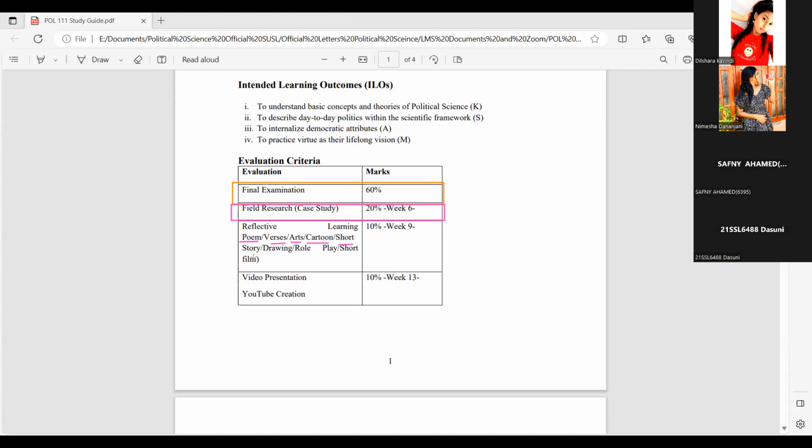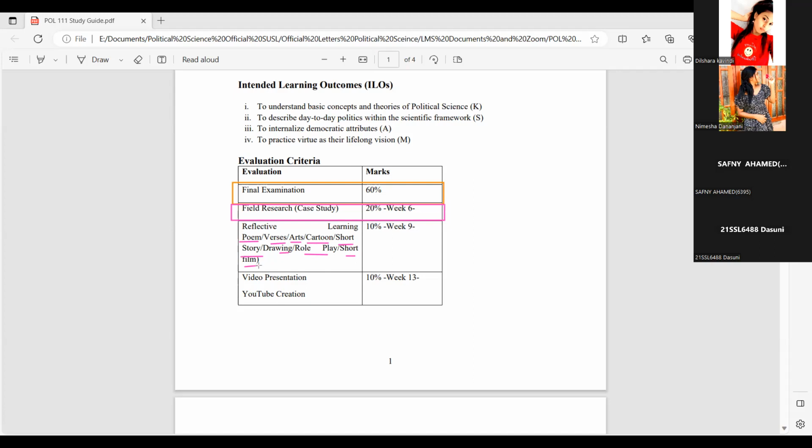Short story or film or maybe role play? What is your preference? What is your choice? Cannot decide now? No, sir. I think I like short film. Oh, very good. Excellent, I'm very happy about your answer.